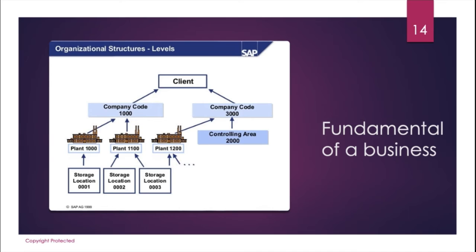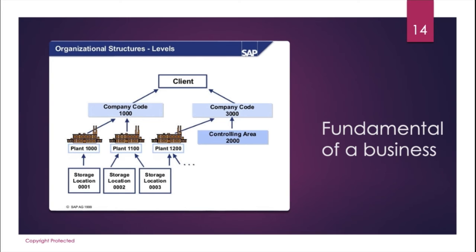Below the controlling area, we create the plant. A plant is an independent entity where you can do business transactions: you can do manufacturing, production, purchase, dispatch material, create inventory, create assets, create stock, and monitor the profit and loss of that particular unit.